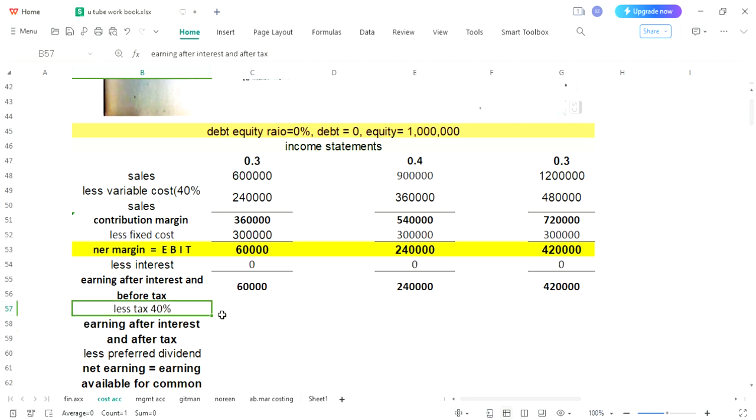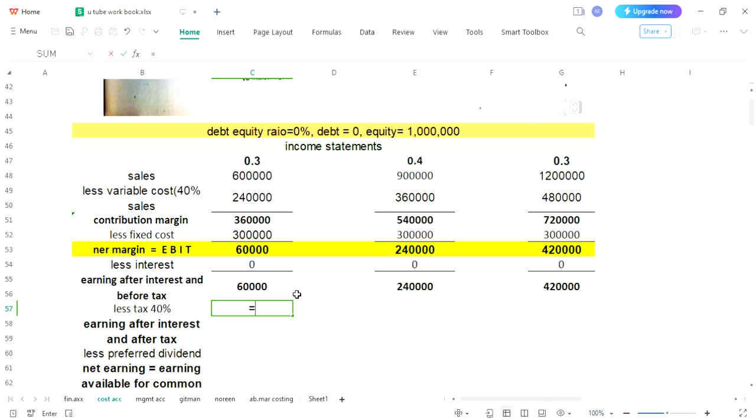What you need? Income before tax. This is your income before tax, that is 60,000, and you will calculate its 40%. So we have got our amount of tax. Please note it down. To calculate tax, we need income before tax. That was 60,000, and simply you have taken 40% of previous income.